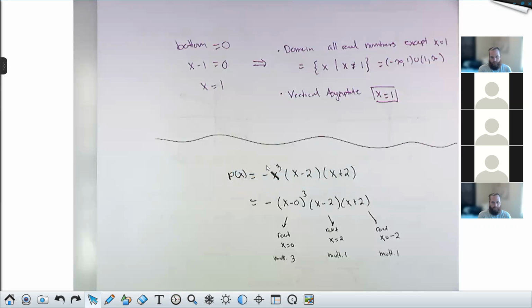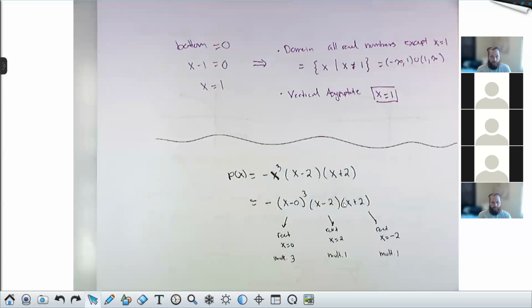So we can write this negative x cubed as negative x minus 0, all cubed. And then we find the roots by setting each factor equal to 0. So if x minus 0 is equal to 0, then that gives you the root x equals 0. Setting x minus 2 equal to 0 gives you the root x equals 2. Setting x plus 2 equal to 0 gives you the root negative 2.